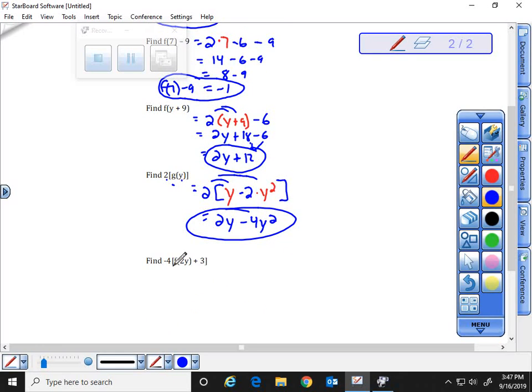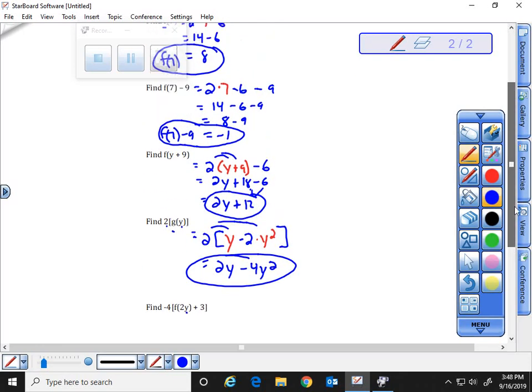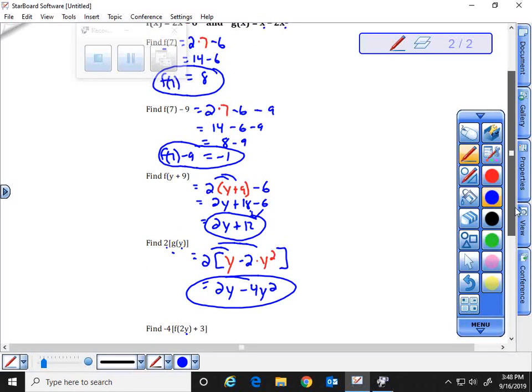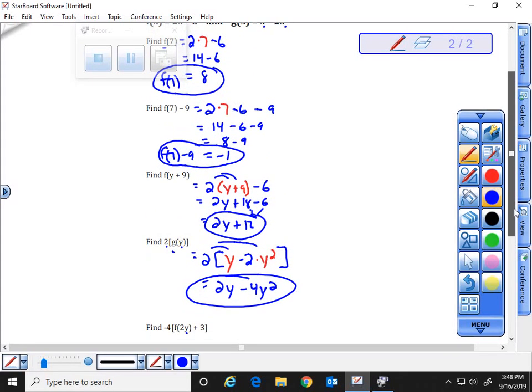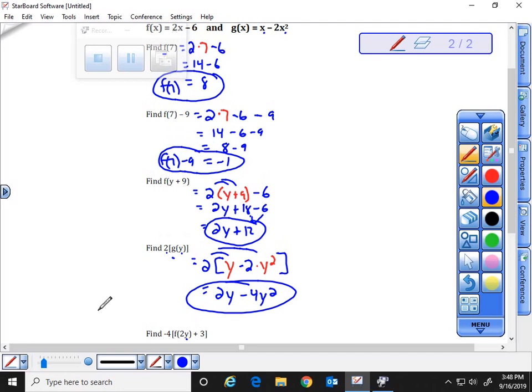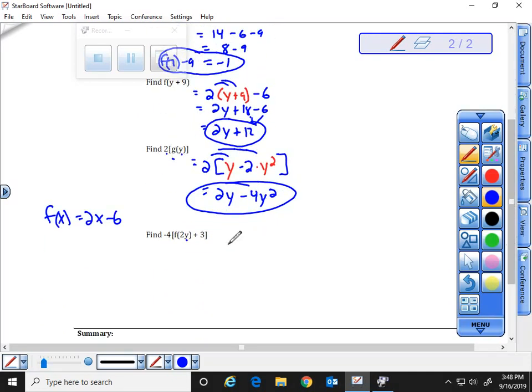This one has us put 2y in for the x, do the whole function, and then add 3. So remember, we're going to be using f of x equals 2x minus 6. So it will be negative 4 times whatever my result is when I put 2y in for the x.